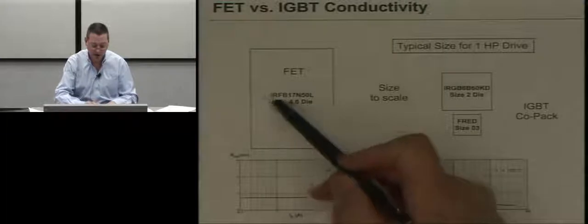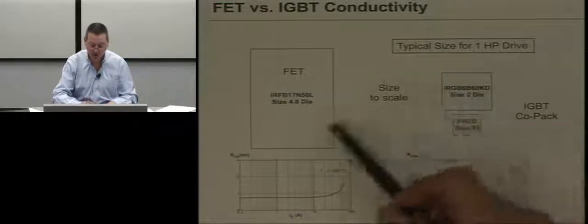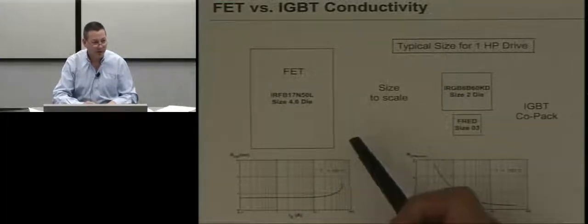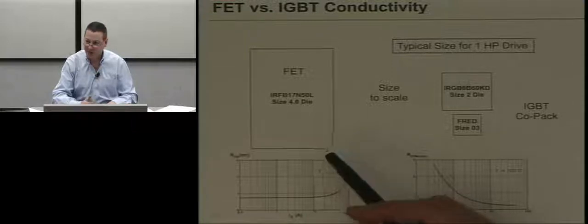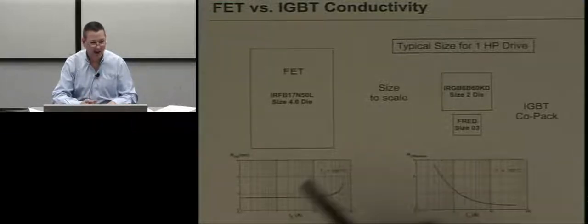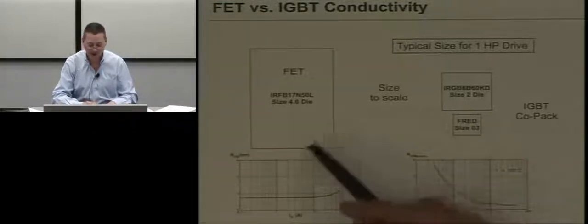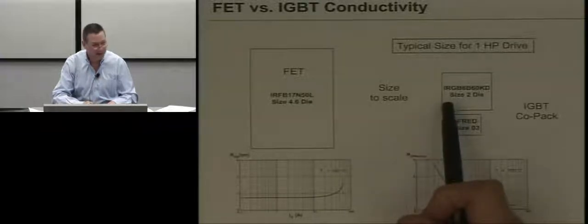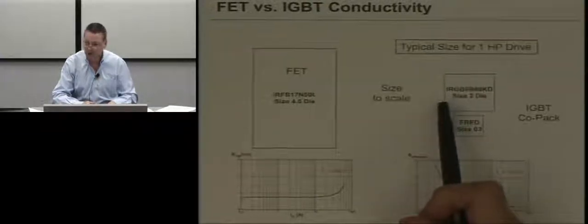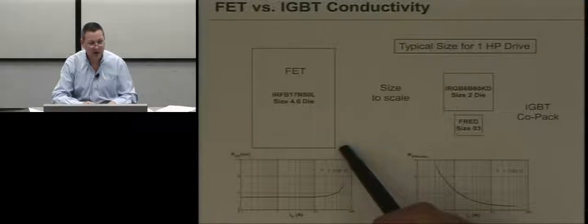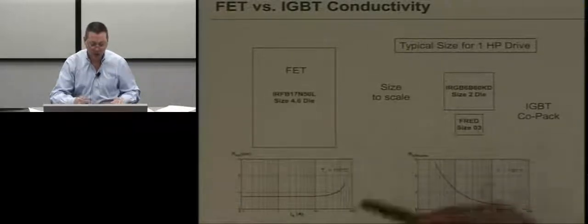It could be half this die size, similar die size. However, the penalty you pay, these are called superjunction FETs, and that could be the topic of maybe next week's class, is there's a huge amount of charge in the body diode, so you really can't even use it in an inverter application because there's so much stored charge that you have to get rid of when you try to recover the body diode.